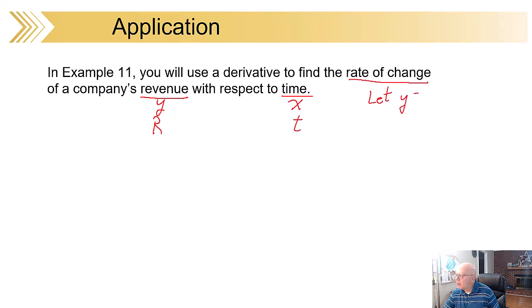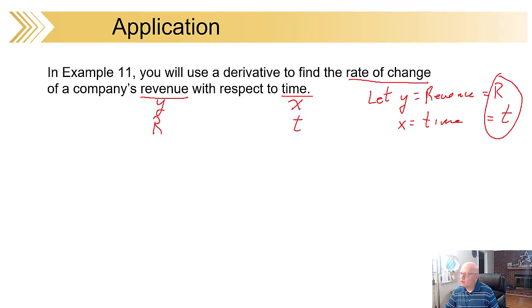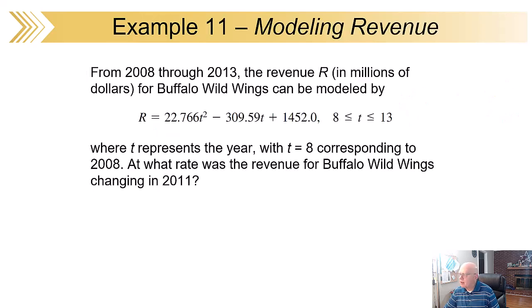Let y be the revenue and let x be time t. And then when you're finished with the y and the x, you can put the r and t back in, and what you've got is a general formula.